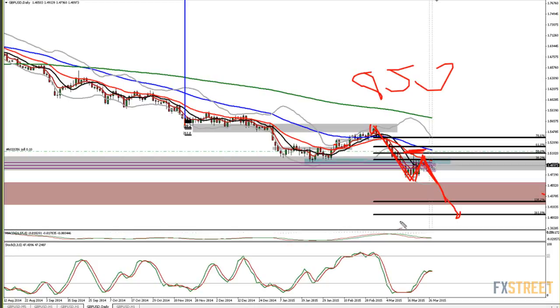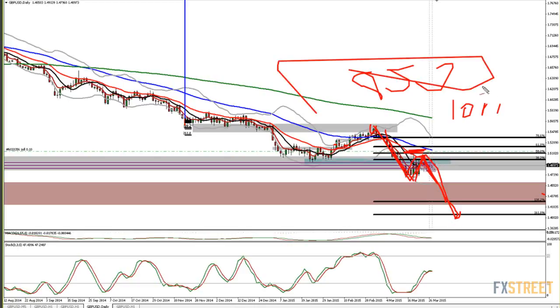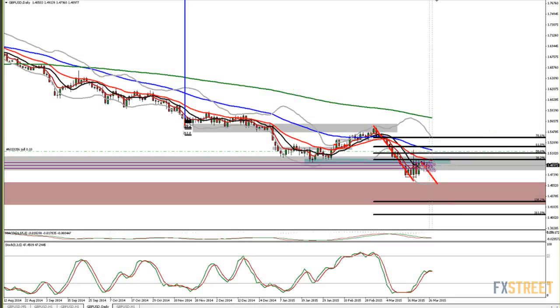So again, it's still 1,000 pips, right? Where am I short? 151.50. What's the target here? 151.83. Yeah. So these are just nice little swing trades, right? So the first one it did move 850, and the next one should move about the same, a little more, something like that.